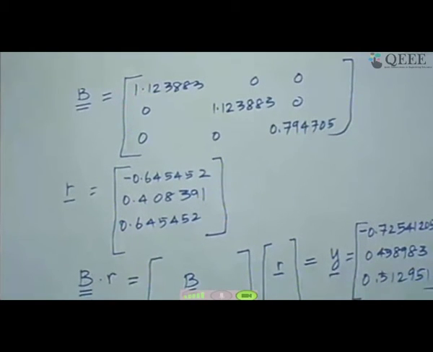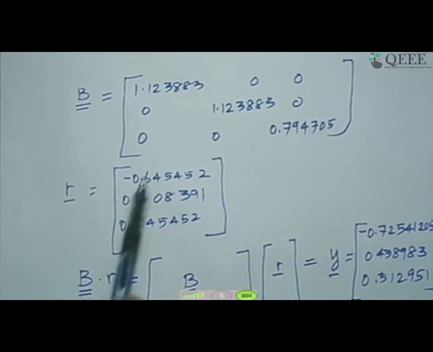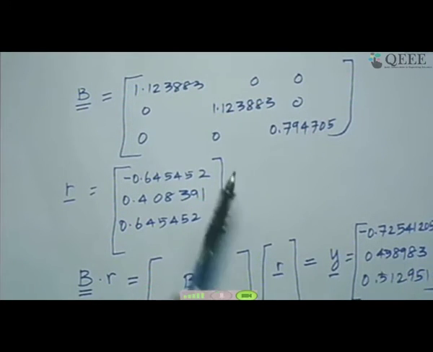So this obviously shows that the vector R has been rotated, because the components that you get here are different from the components that you get here. So if you have some components, the vector has been rotated to some other components.